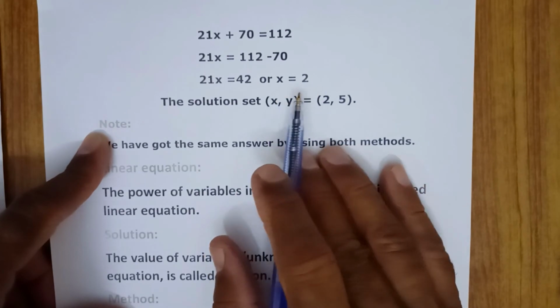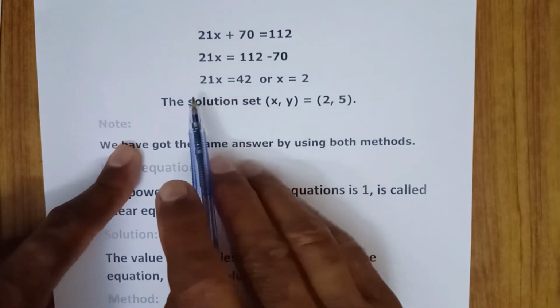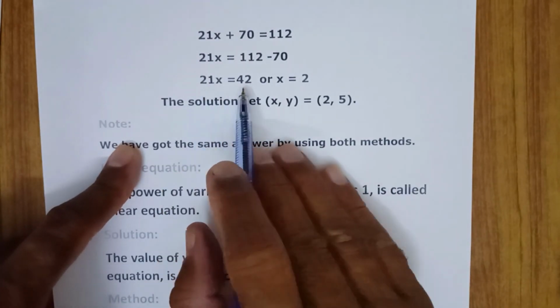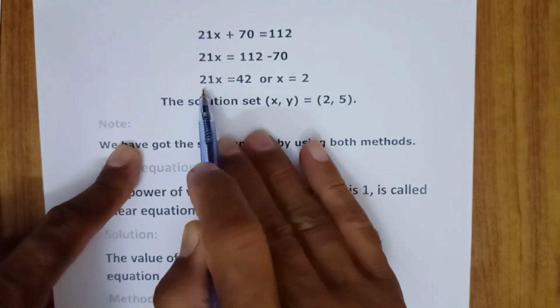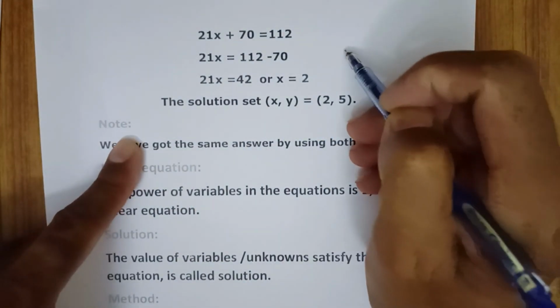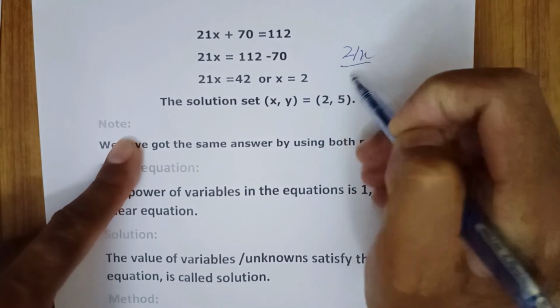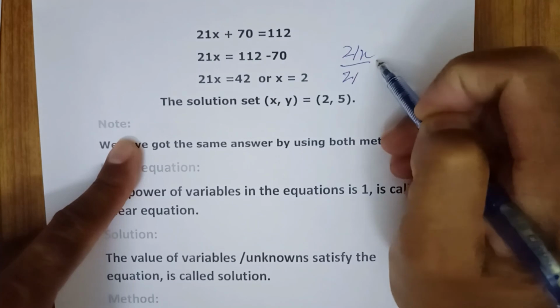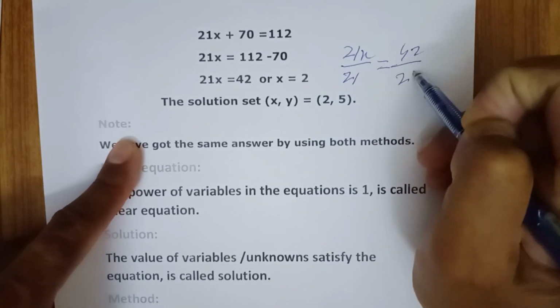This is easy. You can do it. Is it right? So this is the equation. We want to divide both sides by 21. So just see here: 21x divided by 21 is equal to 42 divided by 21.